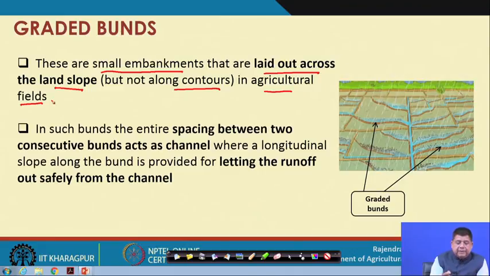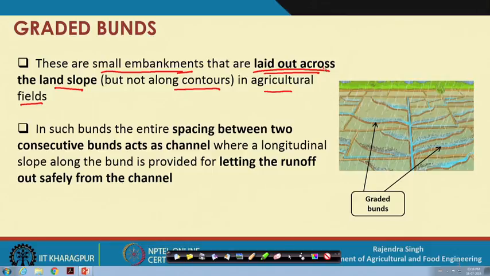Be it contour bunds or graded bunds, they are typically small embankments, and the cross section is typically trapezoidal. All the conservation measures we adopt are taken across the land slope, because we want to check the flow of water, that is the basic purpose. And the important point here is: not along contour.